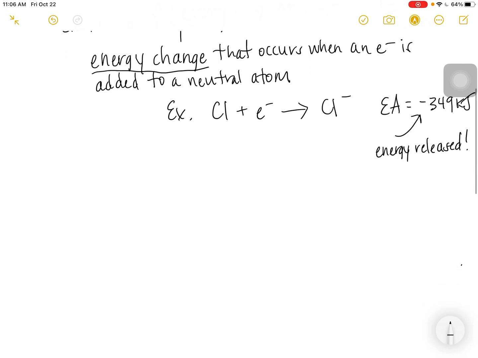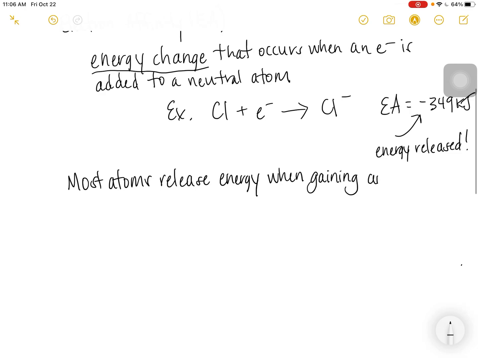So this is true for most atoms. Okay, keyword most.